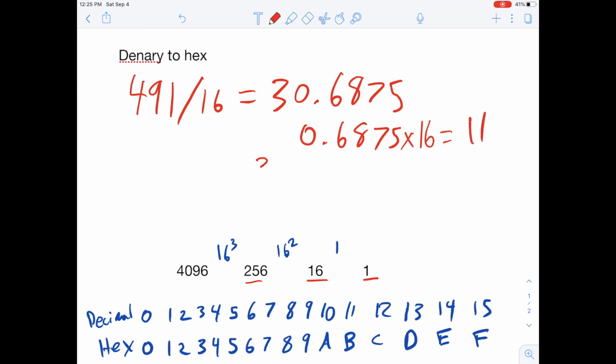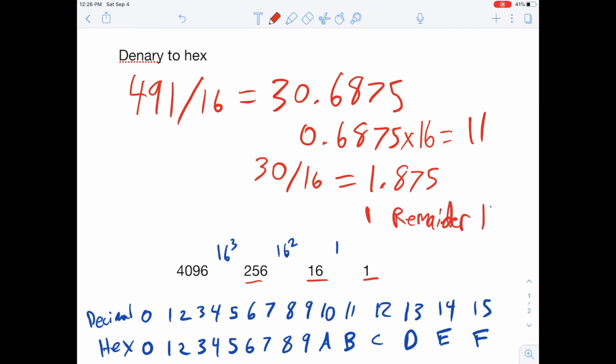And then I'll take the 30 and divide that by 16. That is going to be equal to 1.875. Or you could think about it as 16 is going to go into 30 once, and the remainder is going to be 14. Okay, so the first remainder, 11, that's going to be our digit in the ones place.